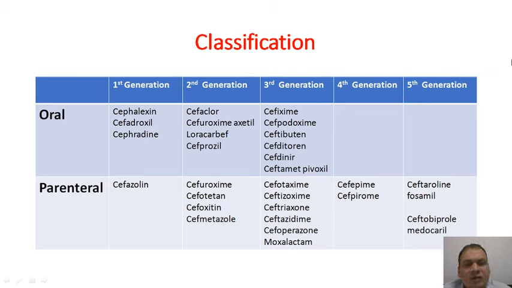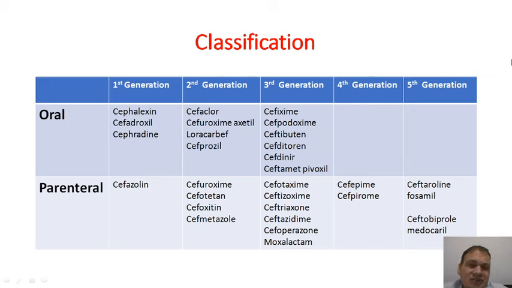In some sources, you will find mnemonics for how to remember whether a cephalosporin belongs to the first, second or third generation. Is there any mnemonic or shortcut for that? From some sources, there are mnemonics made to identify which generation they belong to.